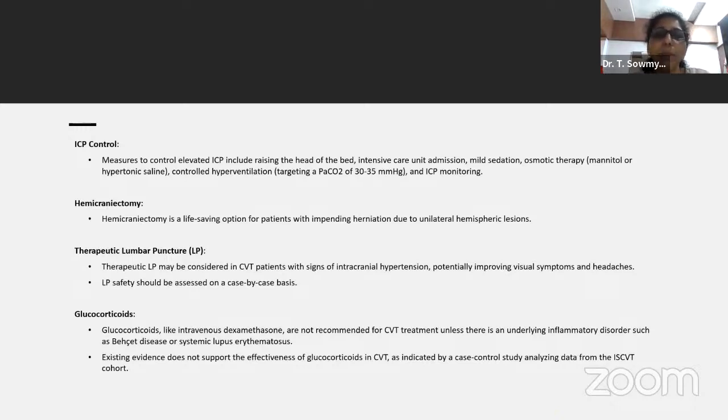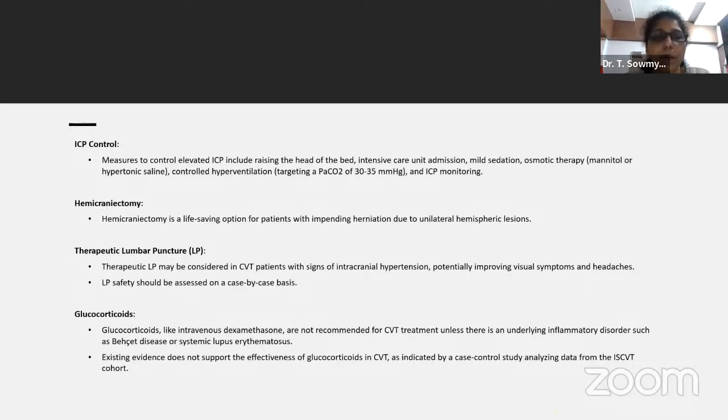And hemicraniectomy is another life-saving option in patients with impending herniation due to unilateral hemispheric lesions. And therapeutic lumbar puncture will be considered with signs of intracranial hypertension, potentially when there are visual symptoms and headaches.